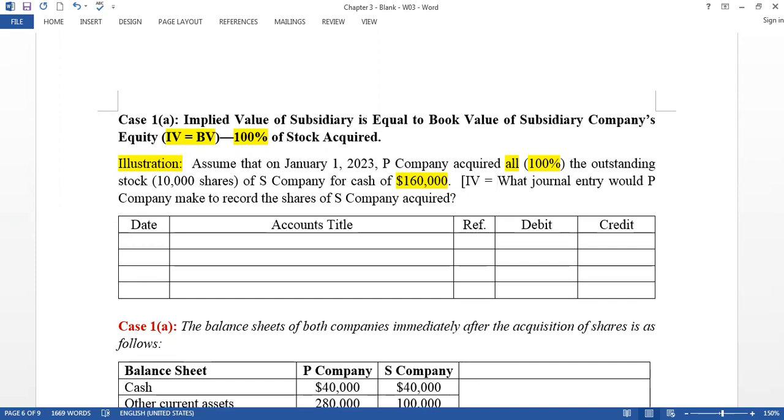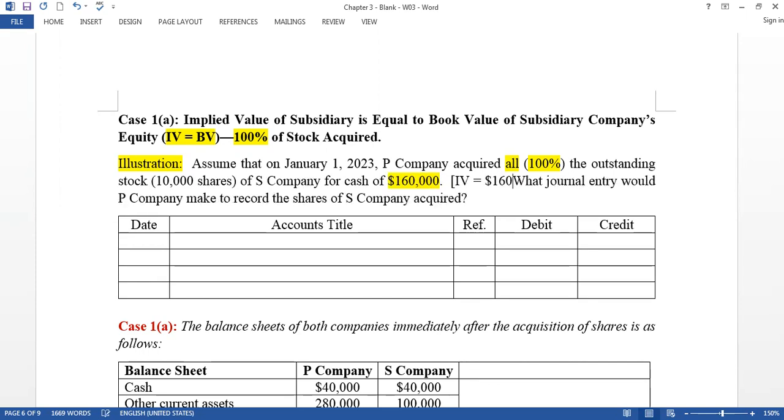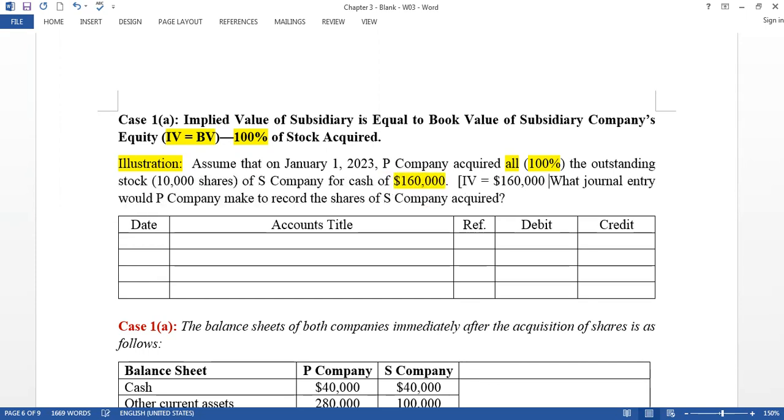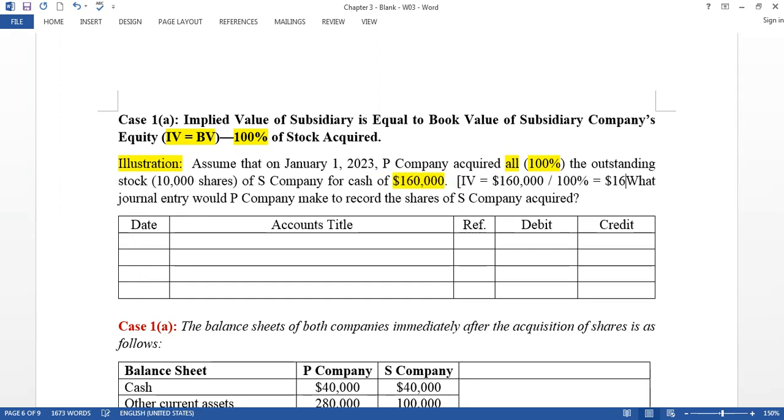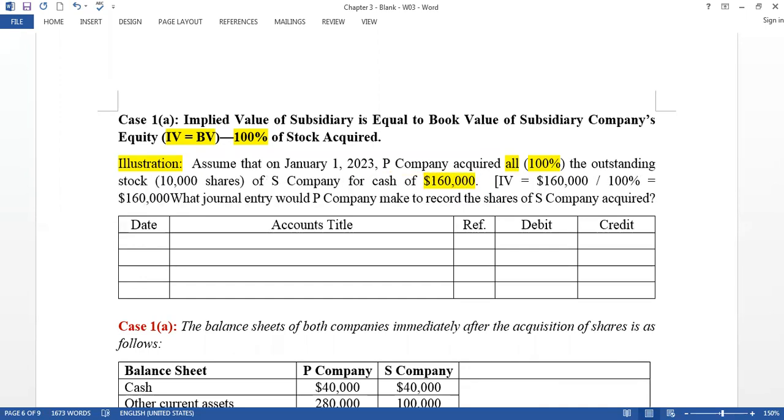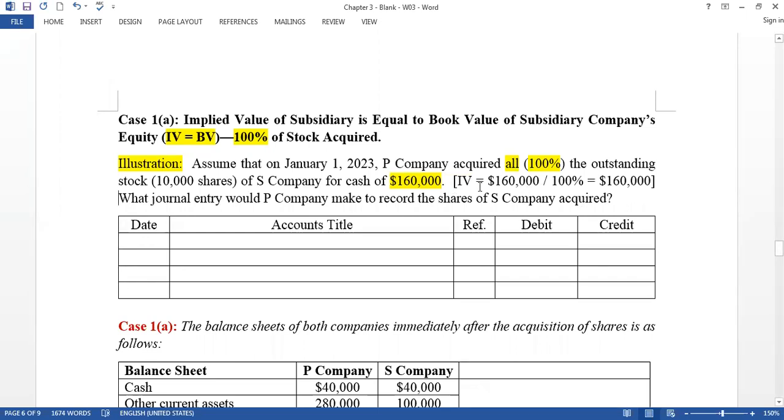So what is the implied value? The formula is you paid $160,000, divided by 100%, equals the same, $160,000. So this information you can use to calculate the implied value.